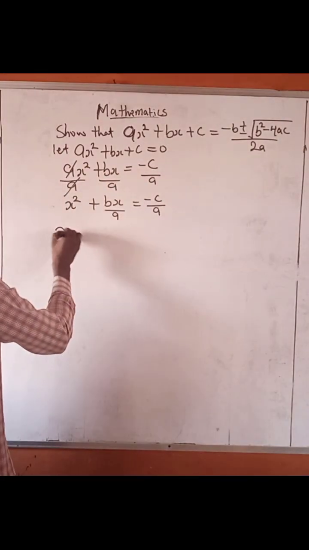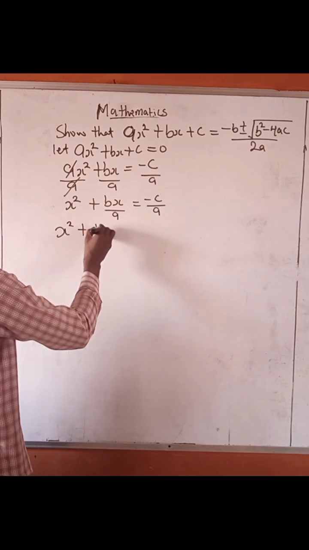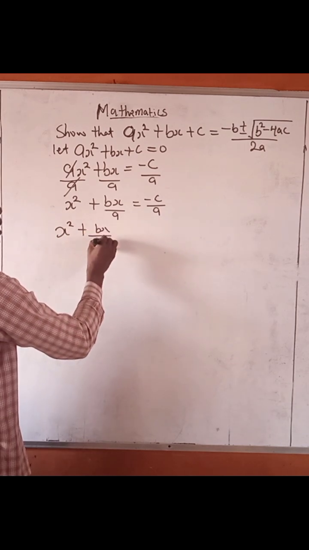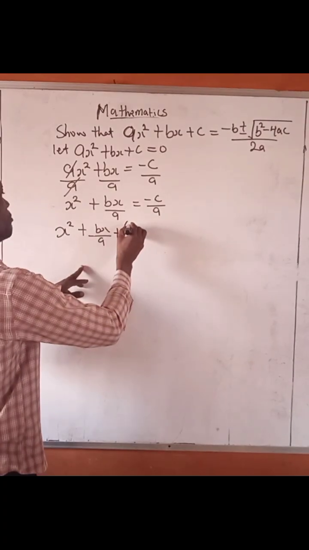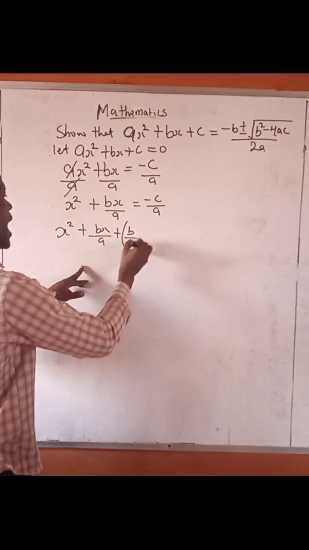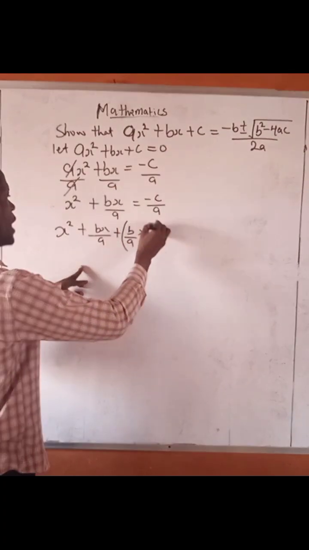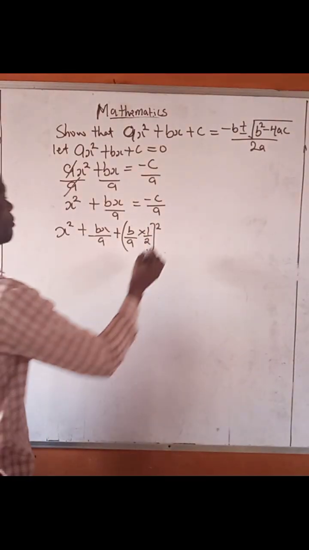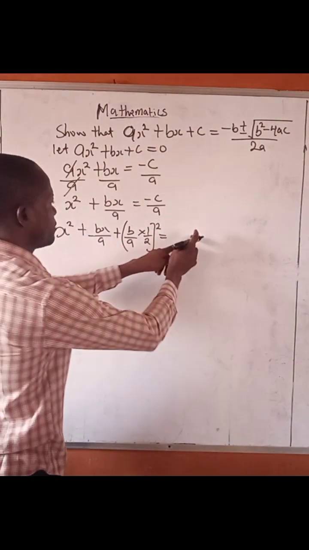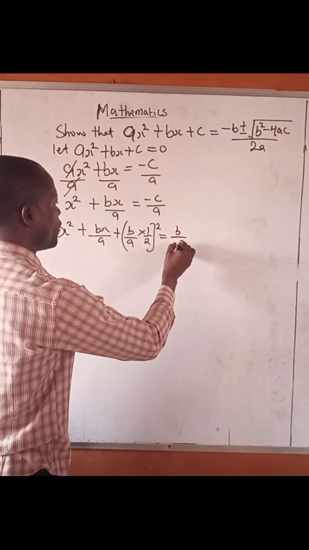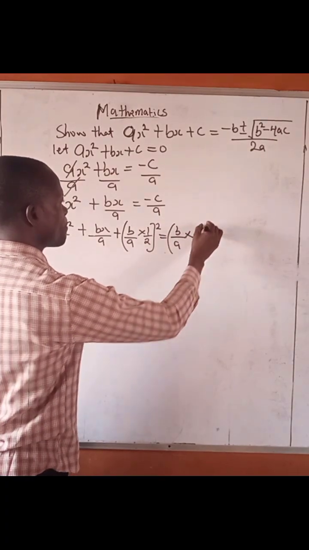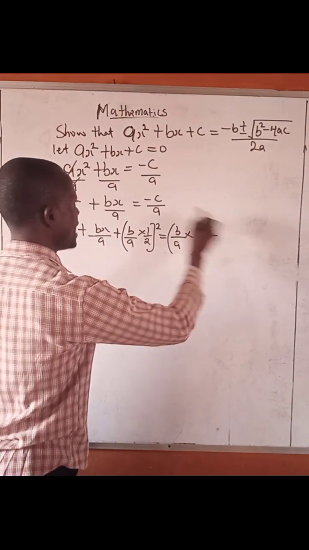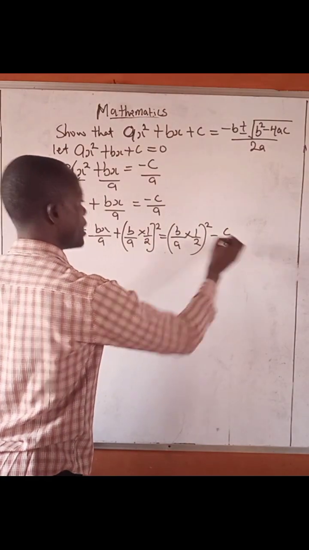That will be x squared plus bx over a, the coefficient, so we are adding b over a, half of it, 1 over 2, then we have to square it, equal to the same thing on the other side, b over a times 1 over 2 squared, then minus c over a.